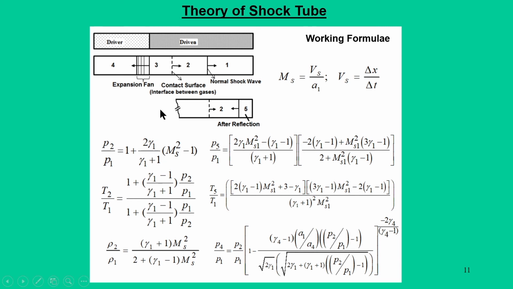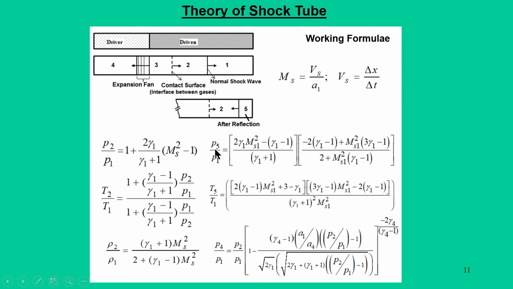So, first, P 2 by P 1 is the pressure ratio across the primary shock. Your initial condition was 1, and this is the pressure jump across the primary shock. It is a function of Mach number, and here I have put gamma 1, where 1 stands for condition 1. Once you have the primary shock pressure ratio and temperature ratio, we can also get the primary shock density ratio. Similarly, it is very important that we also calculate the conditions after the reflected shock.